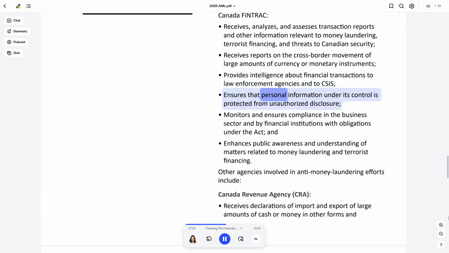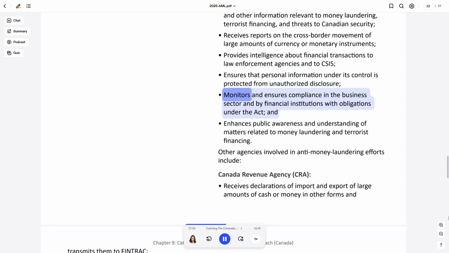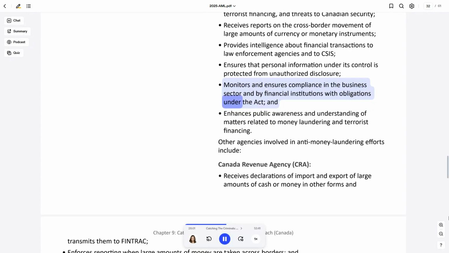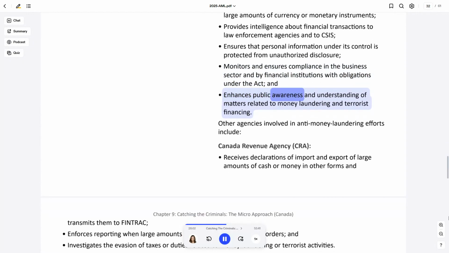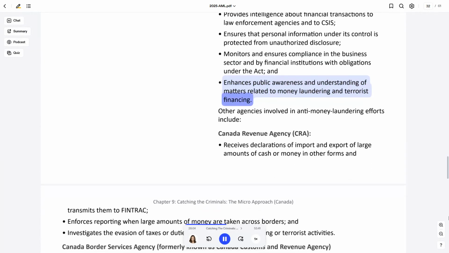It ensures that personal information under its control is protected from unauthorized disclosure. It monitors and ensures compliance in the business sector and by financial institutions with obligations under the Act, and enhances public awareness and understanding of matters related to money laundering and terrorist financing.